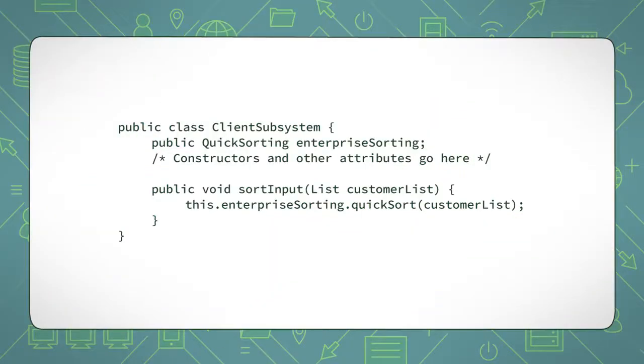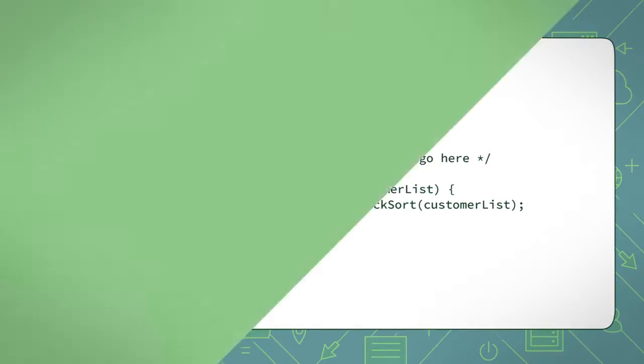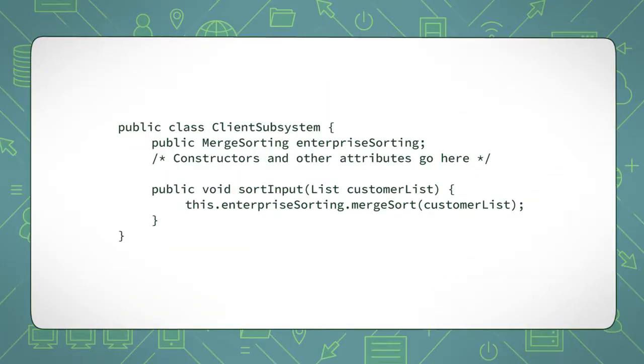Here, you have direct naming and referencing to the concrete class called quick sorting, which you use to sort a list sent to your system by a user. The issue is that if you were to implement a different sorting class called merge sort, you would need to make significant changes to your client subsystem class. Notice that you've changed the type of sorting class from quick sorting to merge sorting, and you've also had to change the sorting method call.